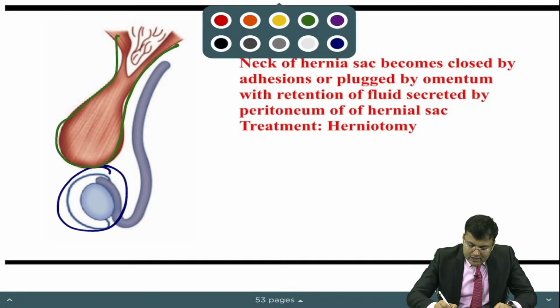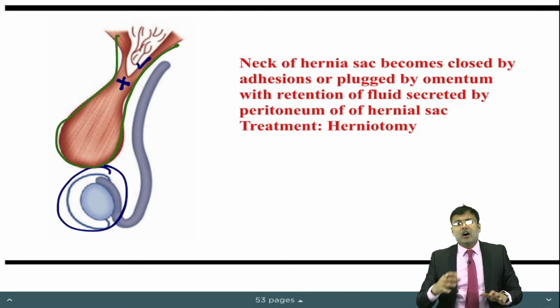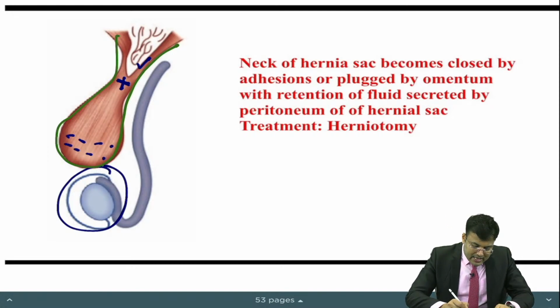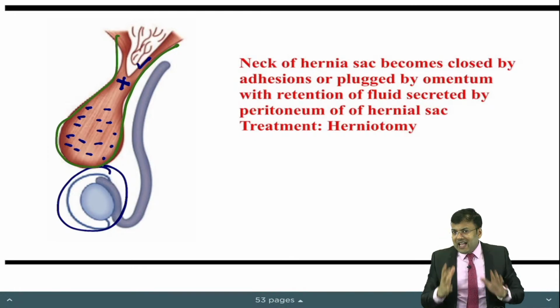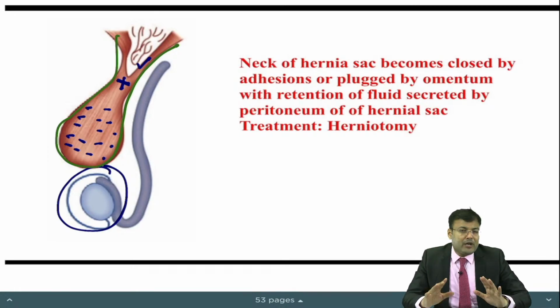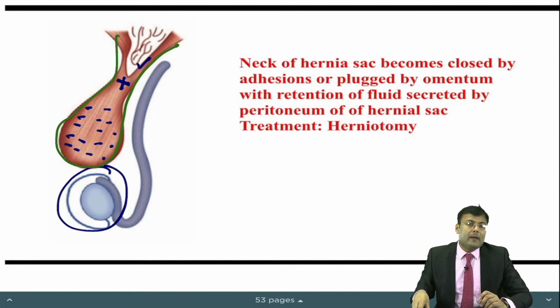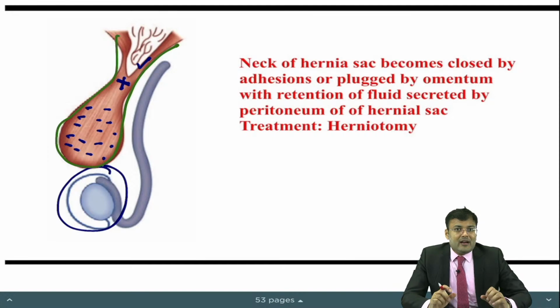Whenever the neck of the hernia sac is plugged by omentum or obstructed by adhesions, this sac is filled with fluid. So, since there is fluid collection, it is hydrocele of hernia sac. It is a type of hernia because the sac is there.